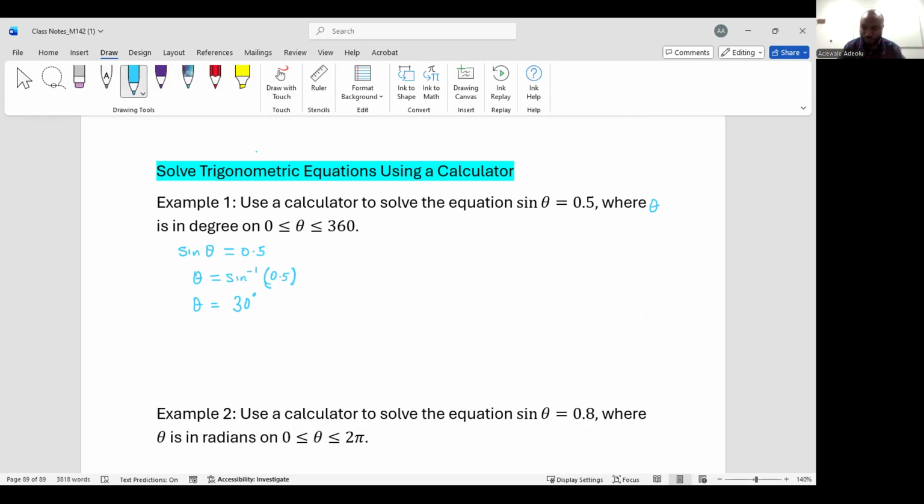The calculator is giving us 30 degrees. I do know that the ratio I'm having here is positive. Now, where is sine positive? In the first quadrant and in the second quadrant. So I do know that the second angle will be somewhere here.